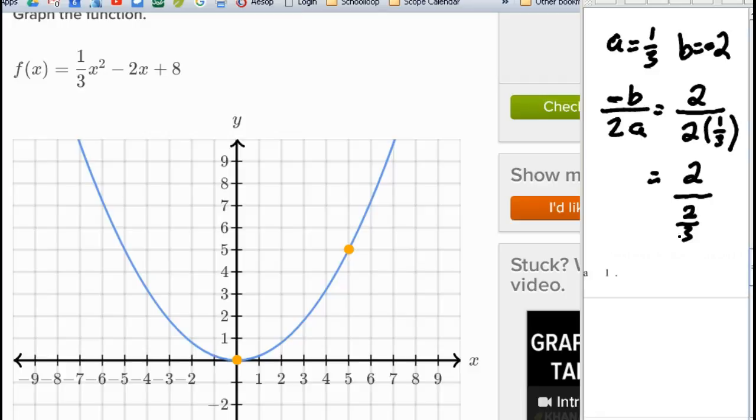Do you remember how to do 2 divided by 2/3? Remember, you flip the second fraction and you multiply. So that's the same as 2 times 3 over 2. So the answer is just 3. Axis of symmetry is 3.